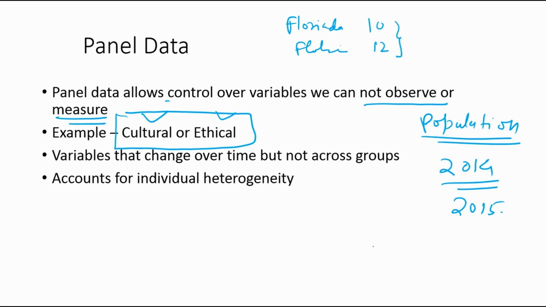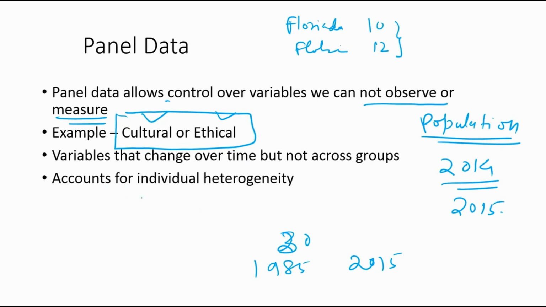If you do an analysis from 85 to 2015, so you're doing analysis for 30 years, a lot of things would have changed about the population. People aren't the same as they used to be 30 years ago. So there are certain aspects of the population that change over time. That can only be captured in a panel data analysis and not in a cross-section data analysis, and that's one of the important features of panel data.